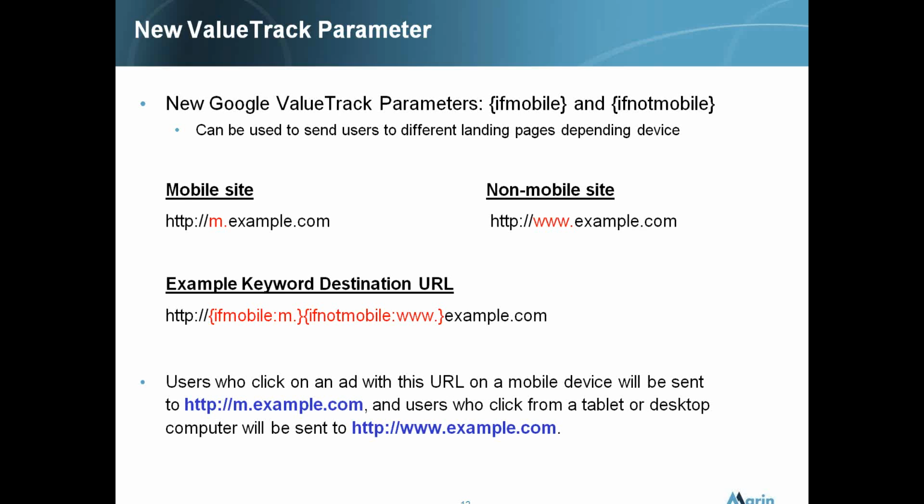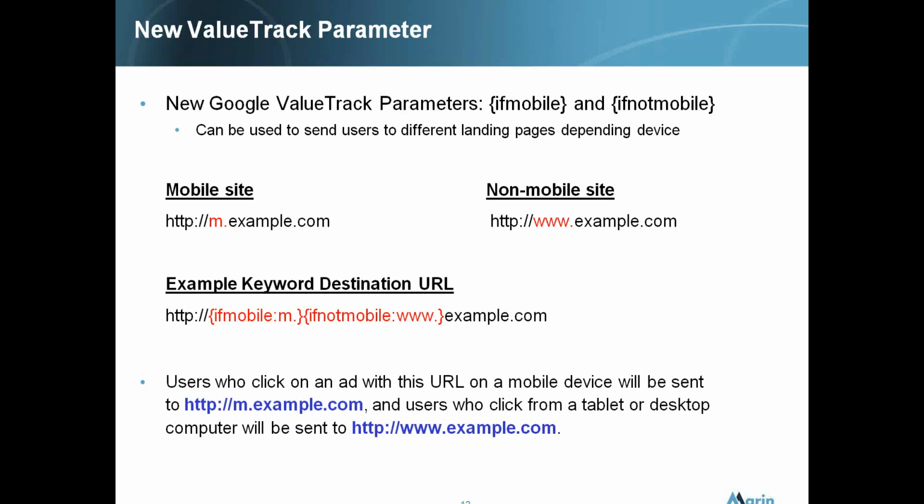So again, this is going to allow for clicks that are coming from ads on a mobile device to go to m dot, and then for clicks from a tablet or desktop computer to go to www dot. So that's a brief overview of how these parameters will work.